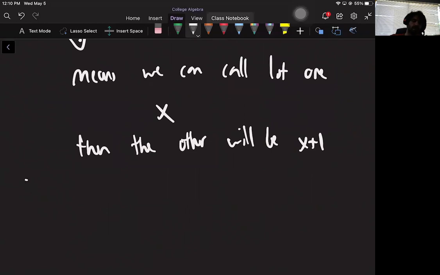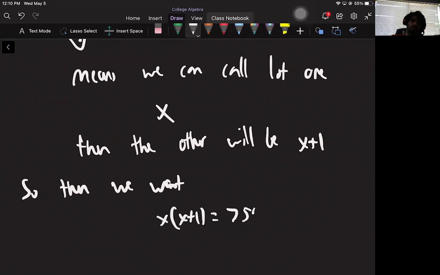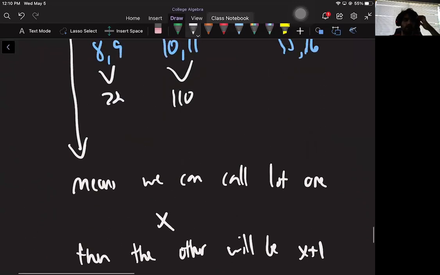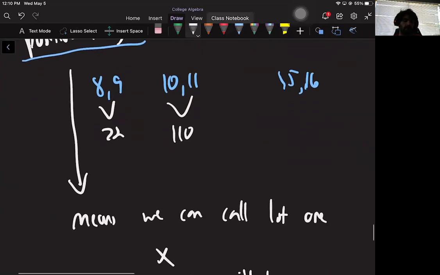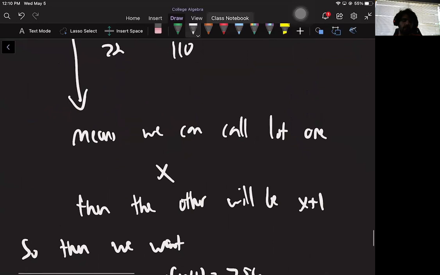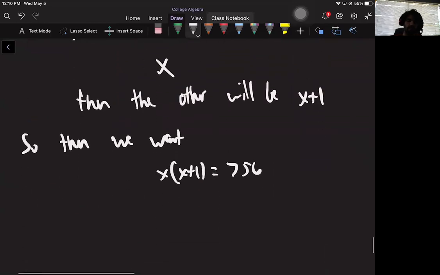So then we want x times x plus 1 to be that 756, because we want the number times the next one to be 756. So x is the first and x plus 1 is the next one. So they've got to multiply to be 756.